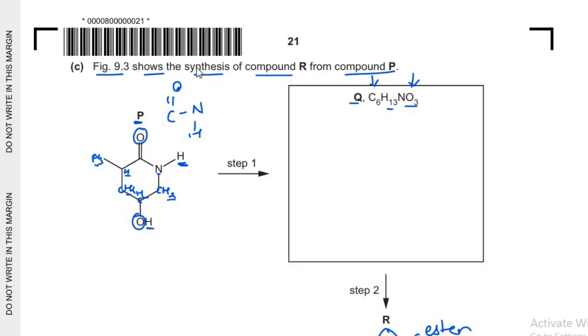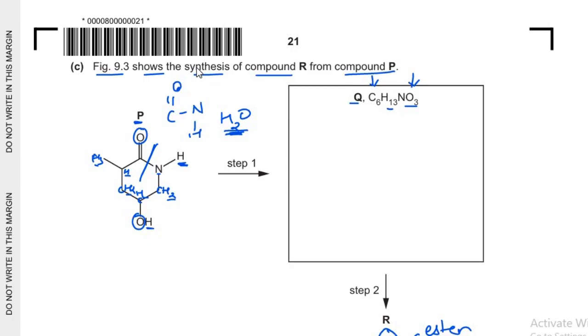So 2 hydrogen and 1 oxygen are added. In short, water is added to P to make the compound Q. That is hydrolysis, and on hydrolysis this bond breaks and water is added. So we just have to break this bond and add the water.